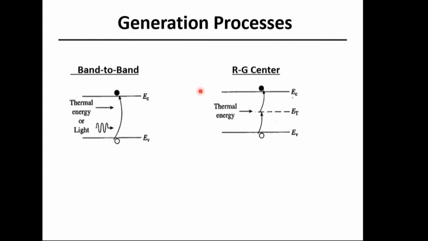If we want to do recombination, at first they form a level here, the electron-hole pair, because it might not be able to jump all the way to the conduction band.